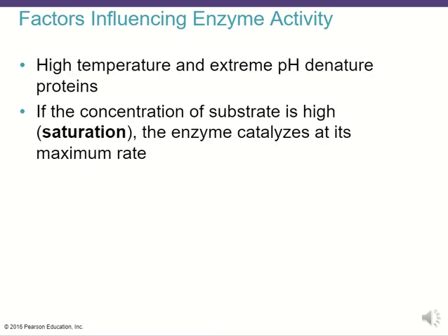High temperatures or extreme pH ranges can actually denature or unfold the protein chains an enzyme has made, thus making it no longer functional. In the case a concentration of substrate is high, the enzyme will likely catalyze at its maximum rate, whereas if the substrate is low, the enzyme will catalyze at a lower, less optimal rate.